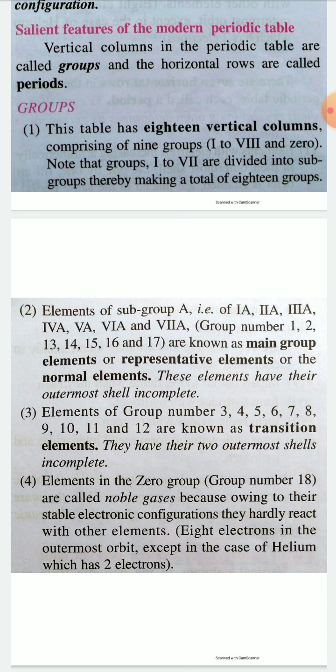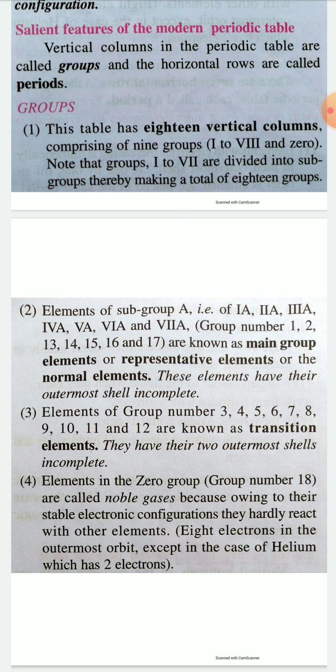Elements of subgroup A, that is 1A, 2A, 3A, 4A, 5A, 6A and 7A, that is group numbers 1, 2, 13, 14, 15, 16, 17, are known as main group elements or representative elements or normal elements. These elements have their outermost shell incomplete.